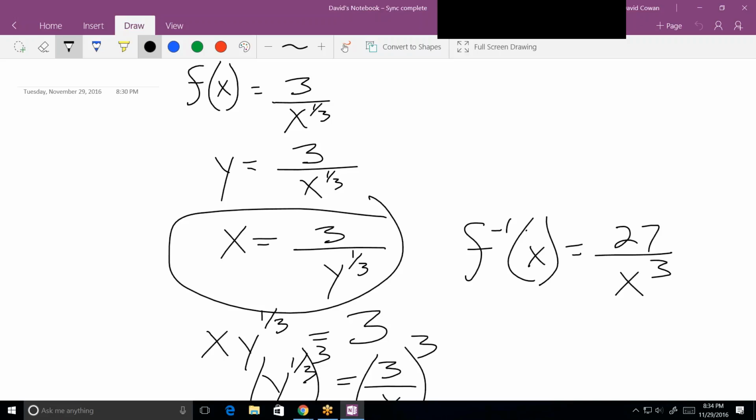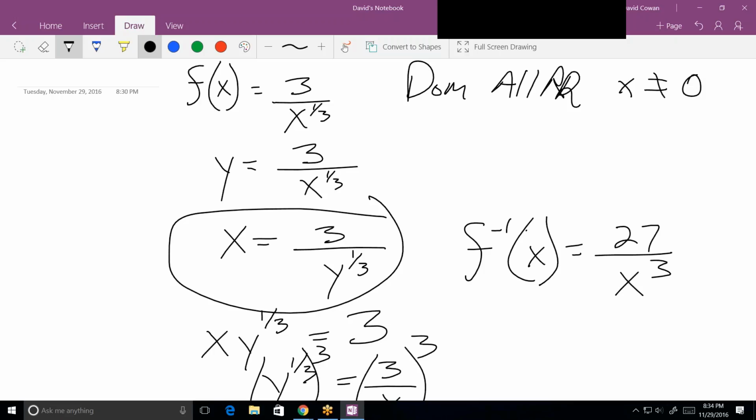Can it be negative? Yes. Can it be positive? Yes. Can it be 0? No. That's the only thing it can't be. So the domain is all reals except x cannot be 0. That's one way to write the domain.